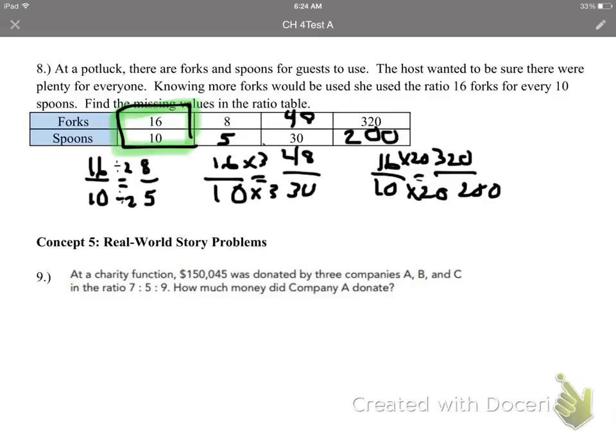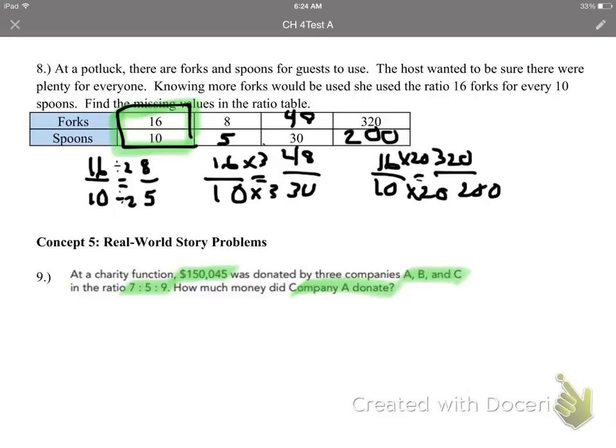So here we say there's a charity function. They've raised $150,045, and that was donated by 3 companies, A, B, and C. That appears that it's the total. The ratio is 7 to 5 to 9, and we want to know how much A donated.